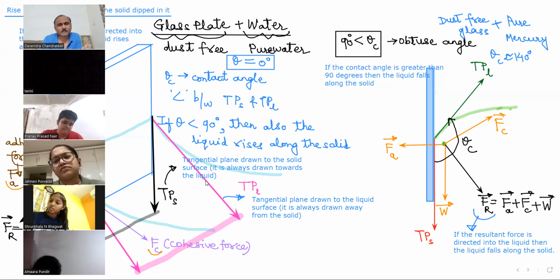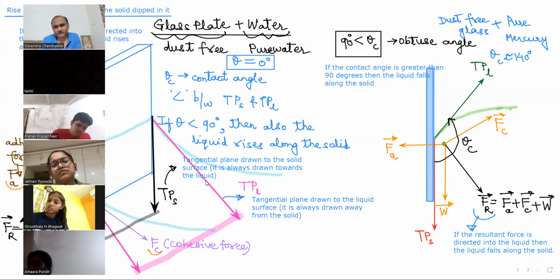It will be greater than 0 degrees for dust-free glass and pure water, close to 8 or 9 degrees. If you keep mixing in impurities, the angles will change too. So these angles are for ideal cases.